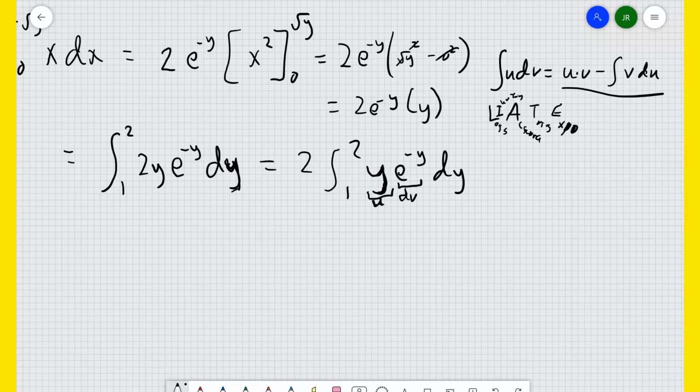So if u is y, then du is 1. And if dv is e to the negative y, then v, the antiderivative of that, is negative e to the negative y.